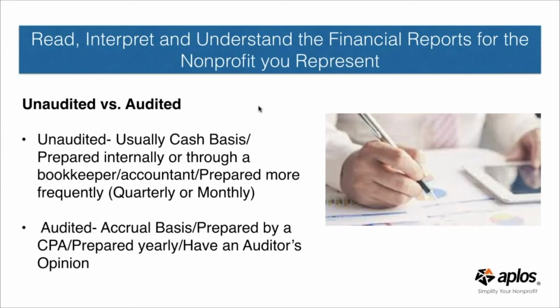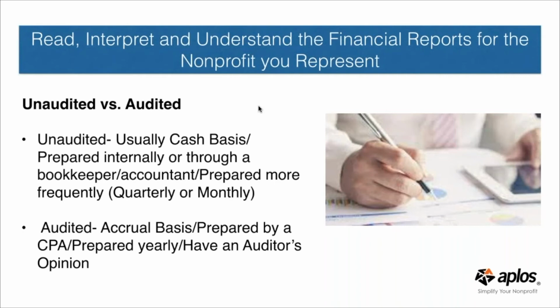Another financial term that I think is important to know and understand is unaudited versus audited reports. In general, though not always 100% the case, an unaudited report is usually cash basis. It's prepared internally or through a bookkeeper.